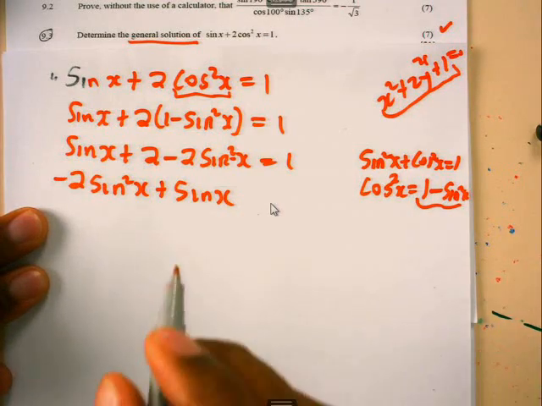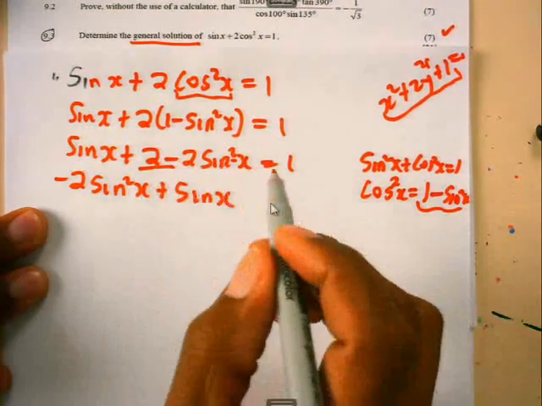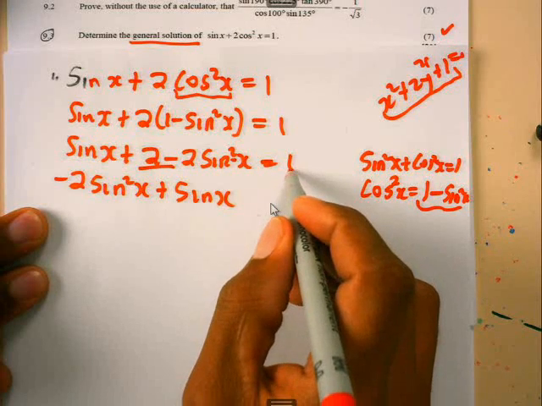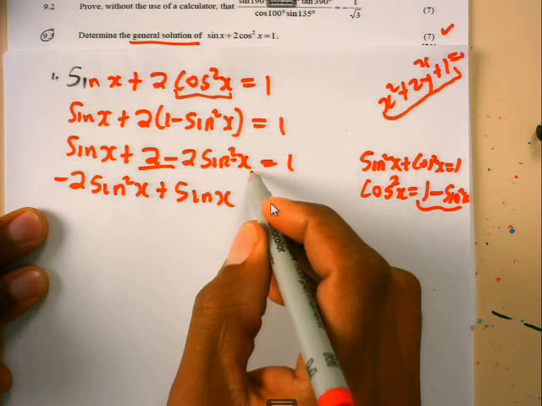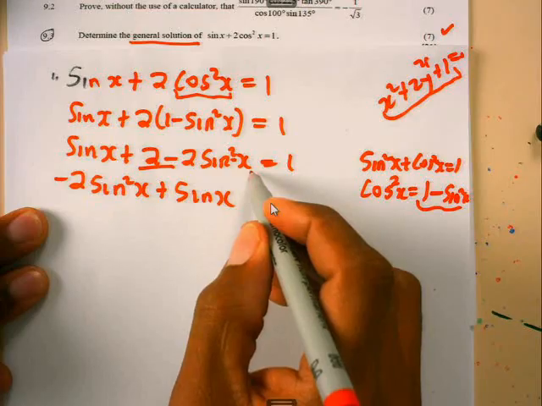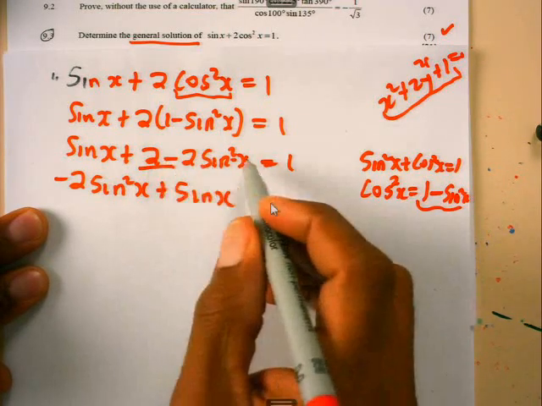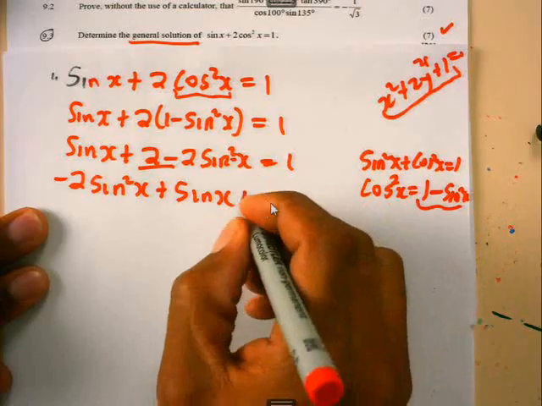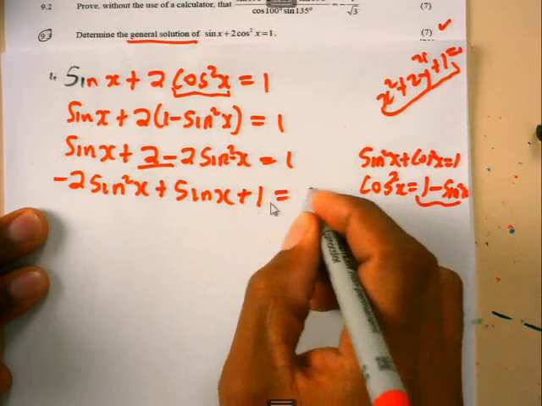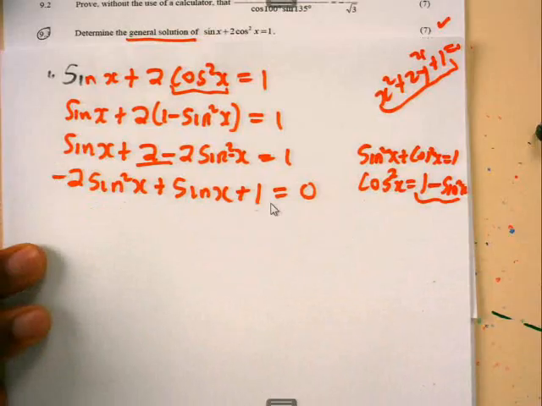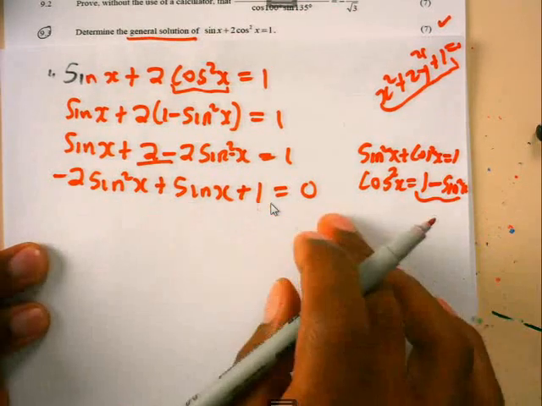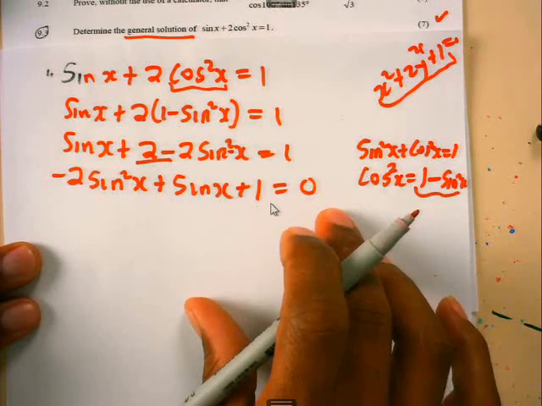Of course, now this is a positive 2, and when you transpose 1 to this side, it's going to be a negative 1. Is that correct? Yes. Now we say positive 2 minus 1. What is the answer there? The answer then will be positive 1, is equal to 0. Now we are happy. Now we have the equation in the standard form.